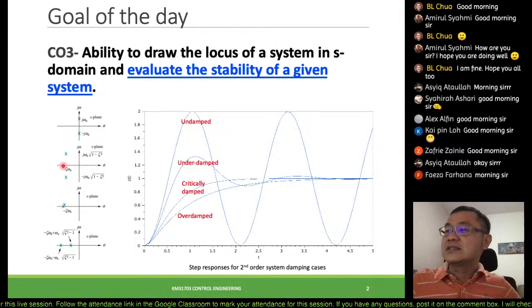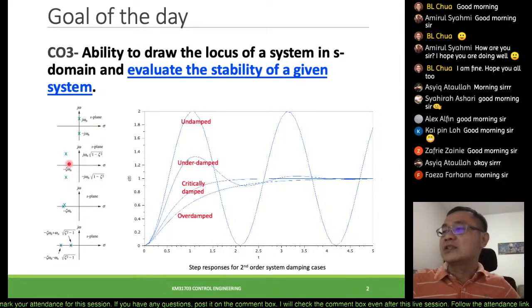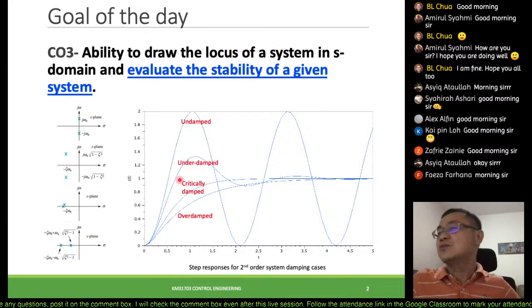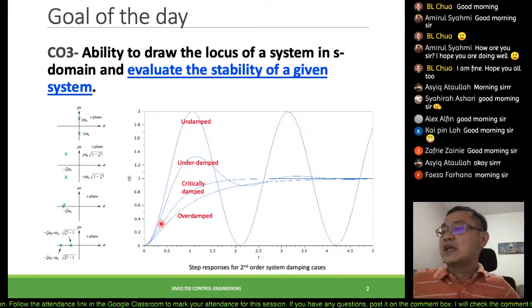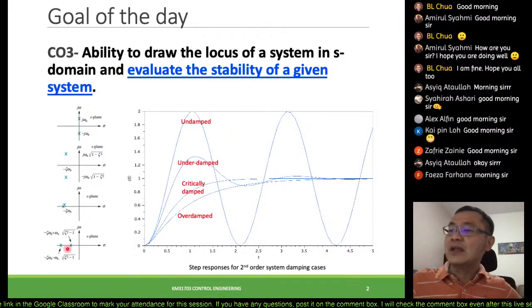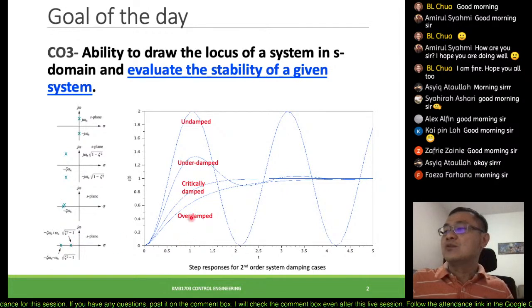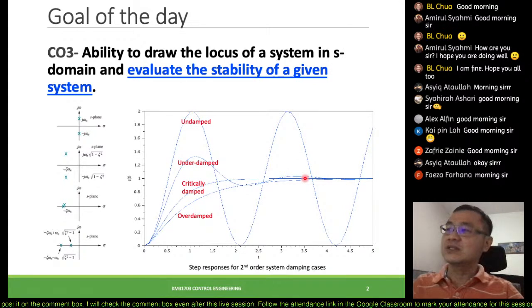When the roots on the S-plane consist of real and imaginary values, we get underdamped. When they lie at the same value on the real axis, we get critically damped. And finally, when we have two distinct real roots, we get overdamped. So these are the characteristics that we have observed previously, right?